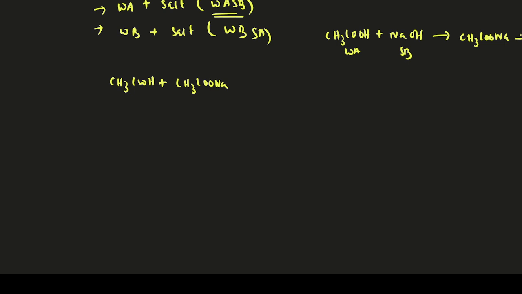CH3COONa salt plus water. So this salt comes from what? Weak acid and strong base. That's what it says: if weak acid and strong base react, you will get this salt, and then we get the buffer solution.